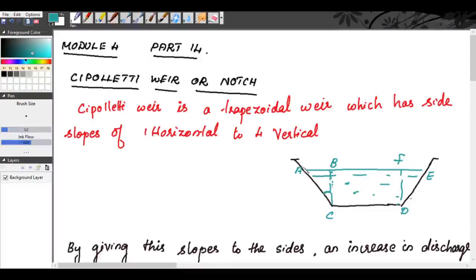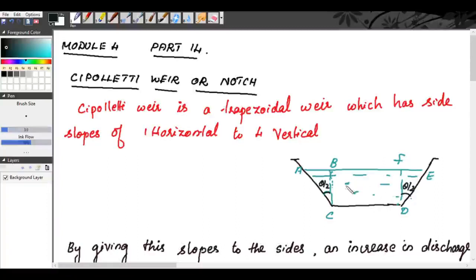If you join these both, this can be a V notch, that is ABC and DEF. So this angle is theta, and each angle will be theta by 2. Same way, this angle will also be theta by 2.